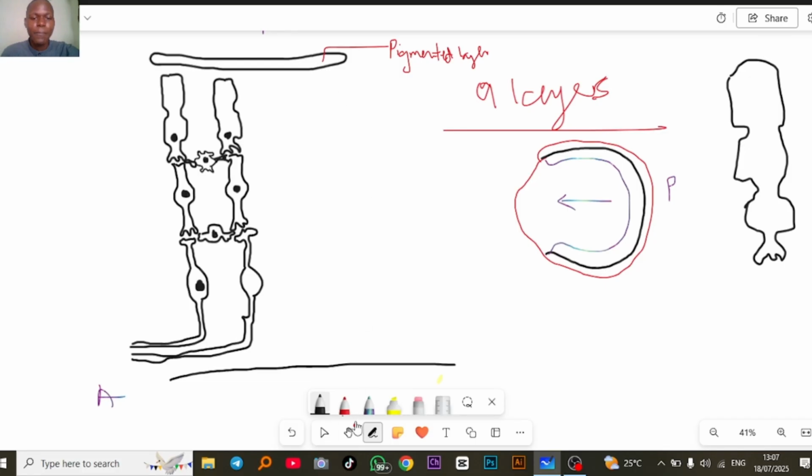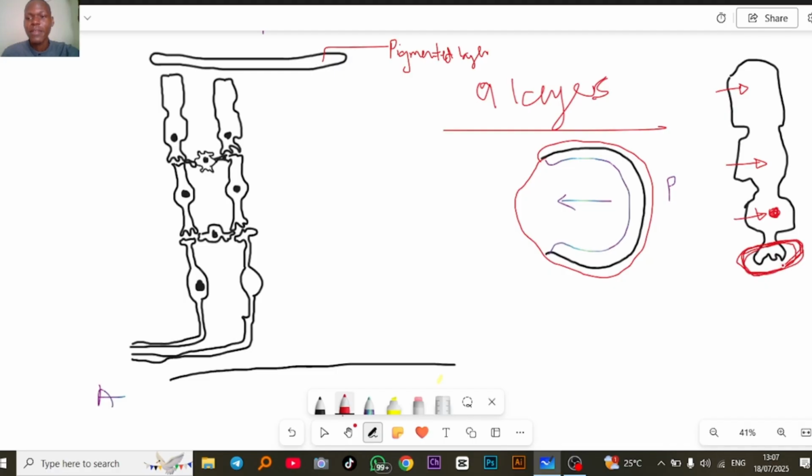The photoreceptors have 4 parts. We have an outer segment, which is where I'm pointing. We have an inner segment, that one. We have a cell body, which contains the photoreceptor nuclei. And then we have the synaptic part, which will synapse with the next layer.